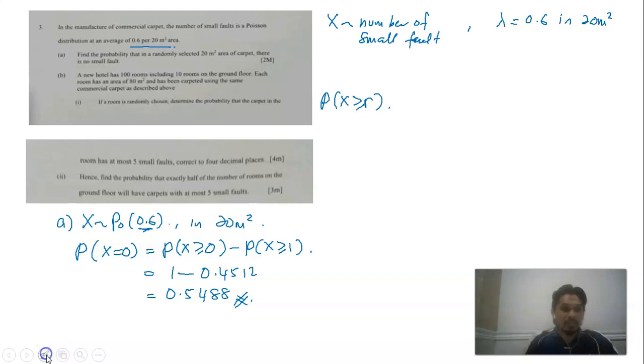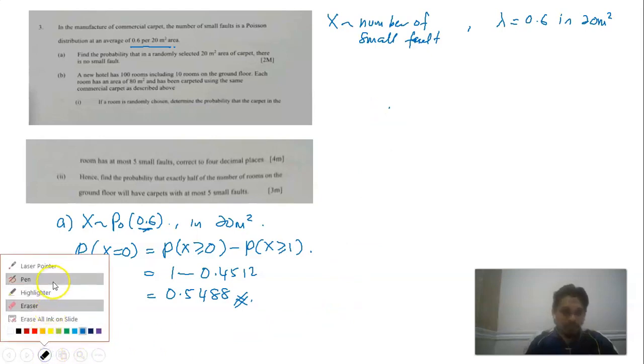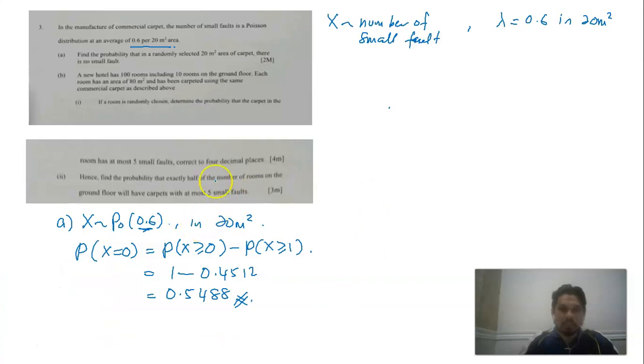Okay, class, for this question there is one thing we need to consider. Lambda is 0.6 in 20 meters square.